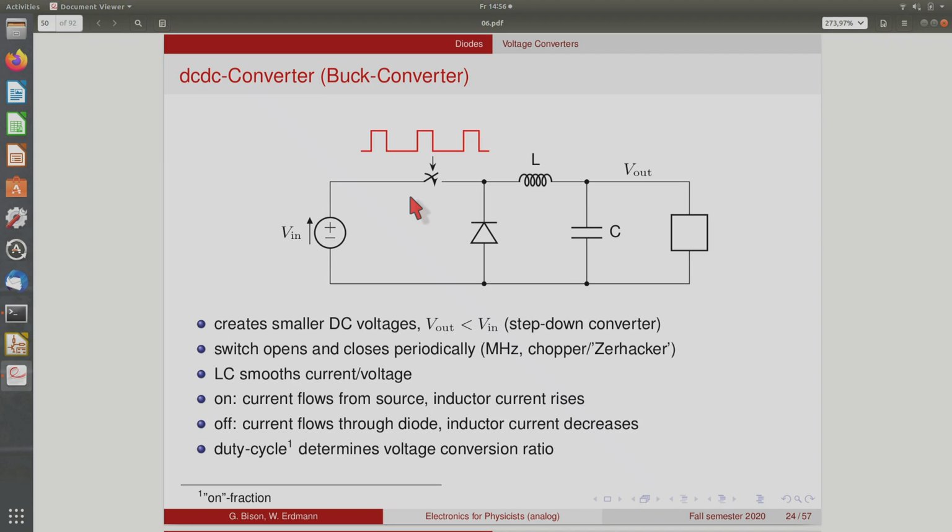And then you use this LC circuit to smooth the voltage. Obviously, you don't want to use an RC here, because that would burn a lot of power. So use the LC.